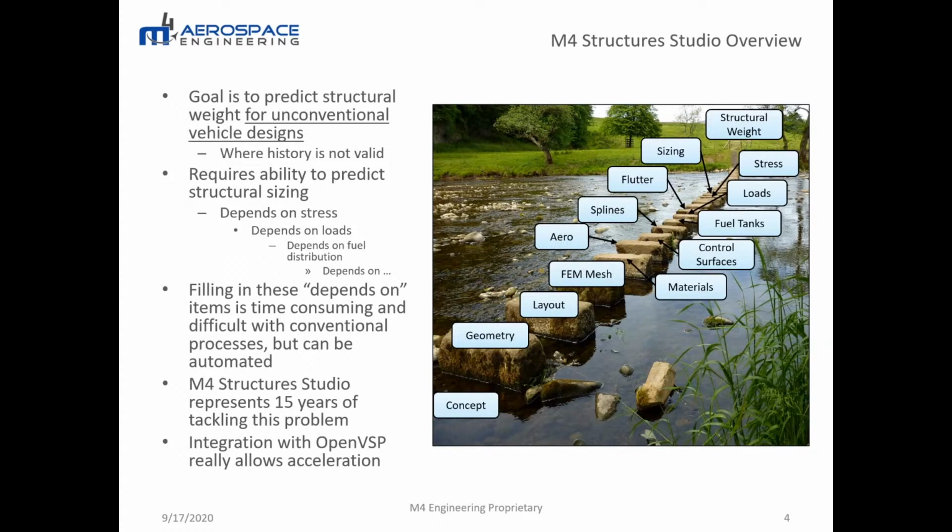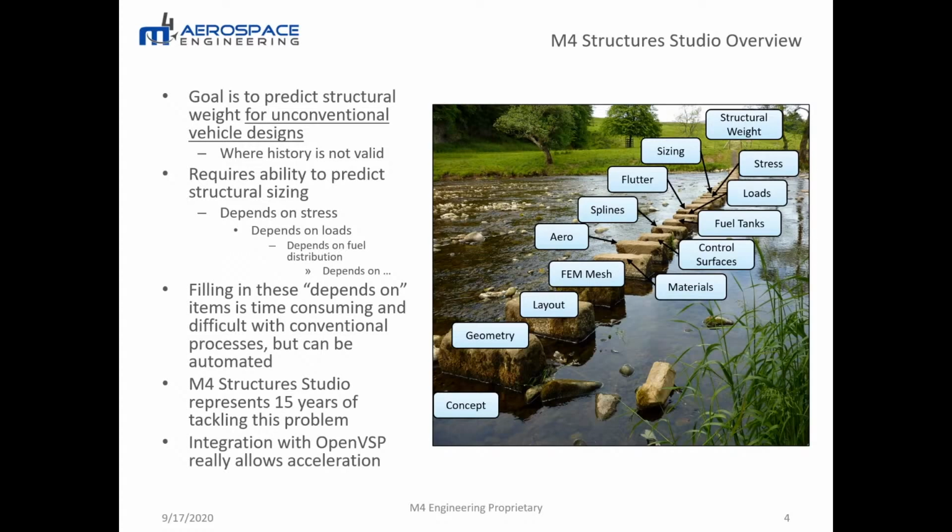When we think about developing structural models and doing physics-based weight prediction, the driving force is that we don't necessarily have all the data we need to come up with nice empirical relationships that predict weight, like Nicolai or the Raymer equations, especially when we deal with unconventional vehicles.